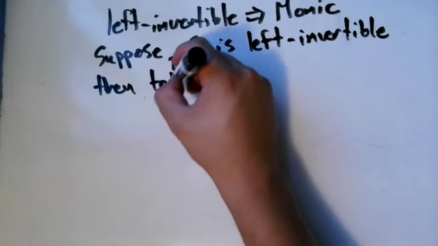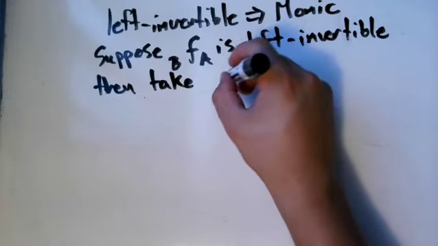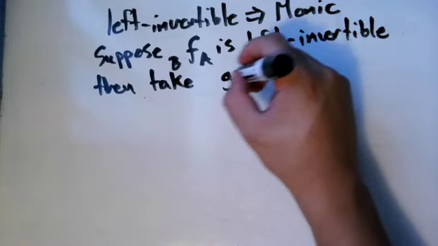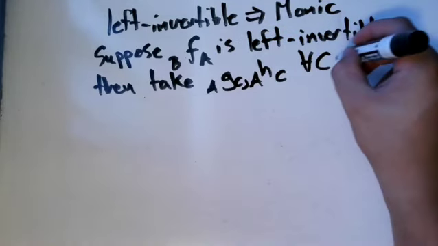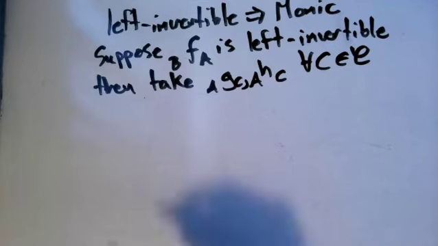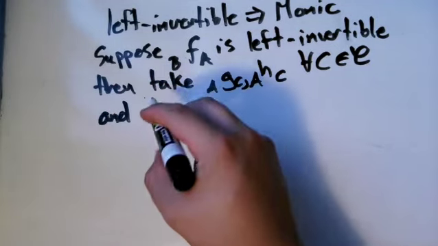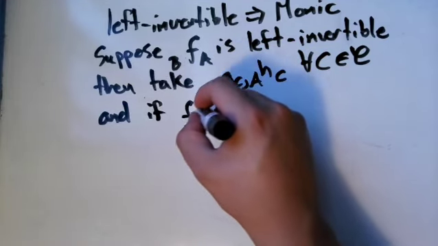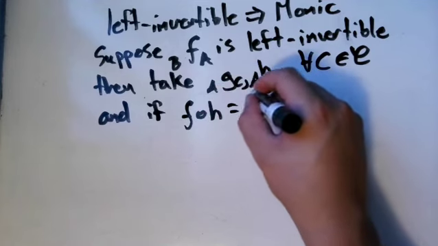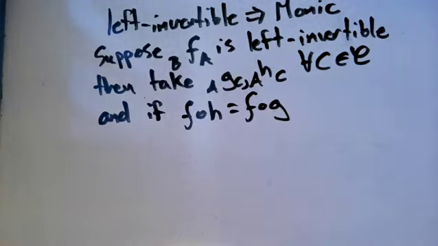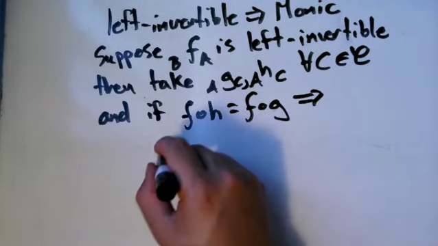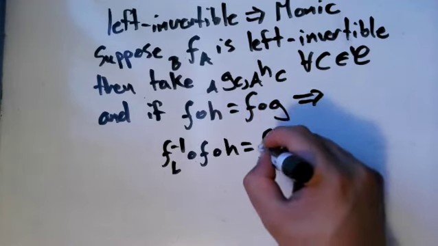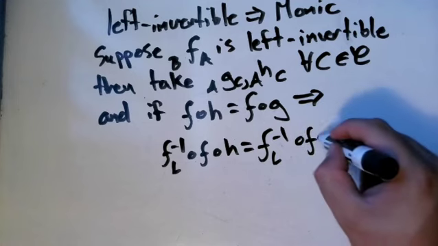Then take any g and h, both going from C to A, for all C. And if f after h is equal to f after g, then that means f left inverse after f after h is equal to f left inverse after f after g.